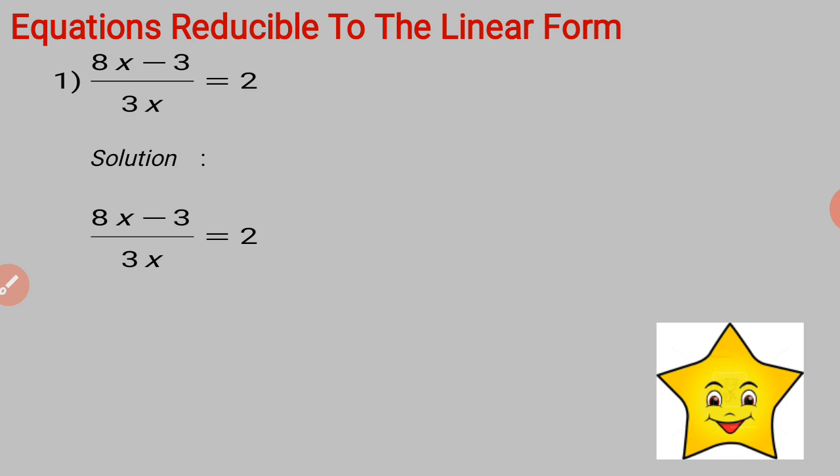When you study this particular example, you will see that you have one variable in the denominator also. Such equations are not directly said to be in linear form, so we convert them into linear form. The method of converting it into the linear form varies according to the examples.